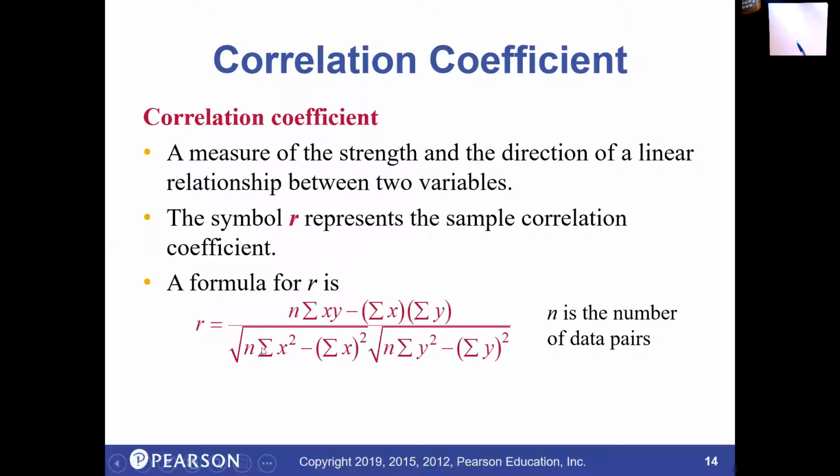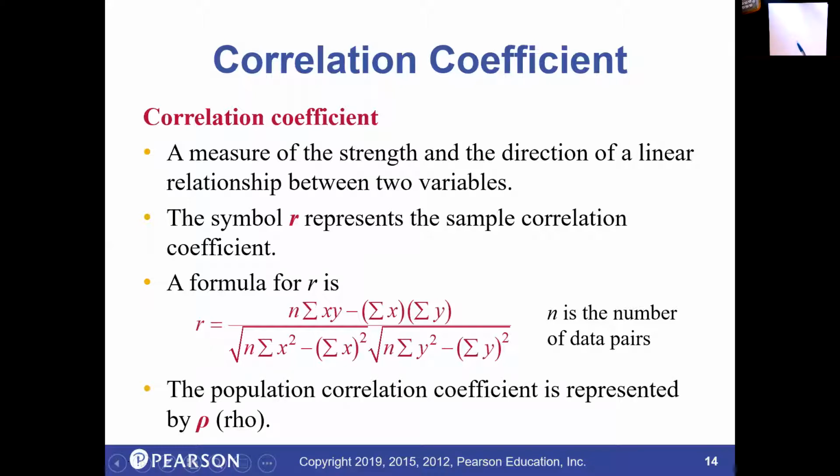We're going to put the data in the calculator and make it compute the R value. The population correlation coefficient is represented by the Greek letter rho. Just like in the past where we've had sample and population statistics, here the sample is R, the population is rho.